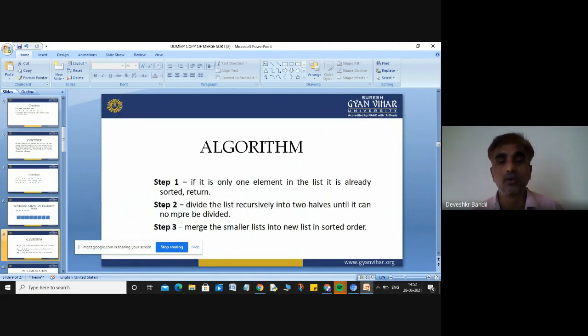And now I will discuss the algorithm of merge sort, because I had already told you that before the implementation of any technique, you should write the algorithm of that particular technique.